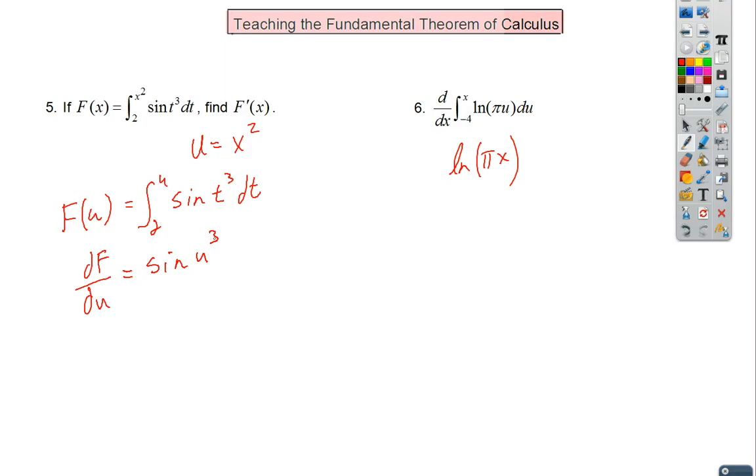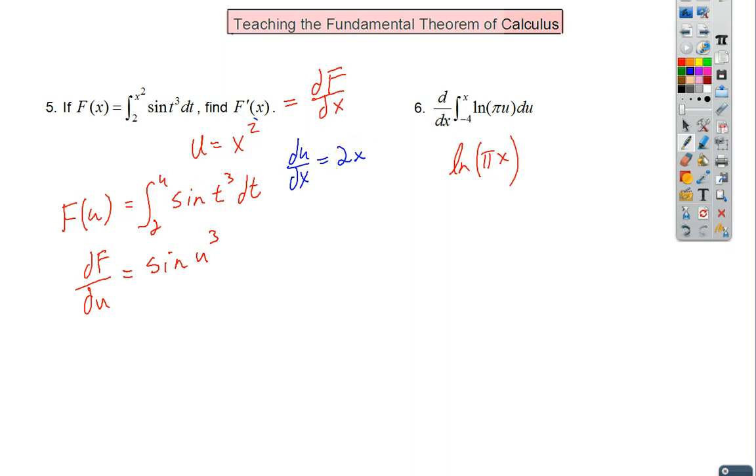But I don't want df du. What did I want? I wanted df dx, the derivative of f with respect to x. Remember, that's where I have to take the derivative of u equals x squared. I get du dx is equal to 2x.